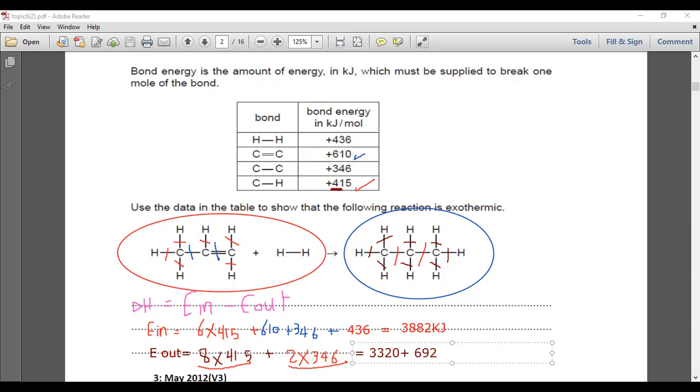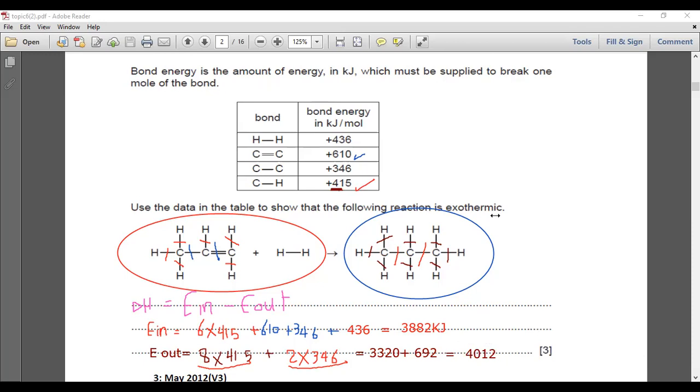Attention in the calculation. Most of the mistakes are on the calculations in the calculator. So step by step, then add them together. 3320 plus 692 equal 4012. This is energy out.